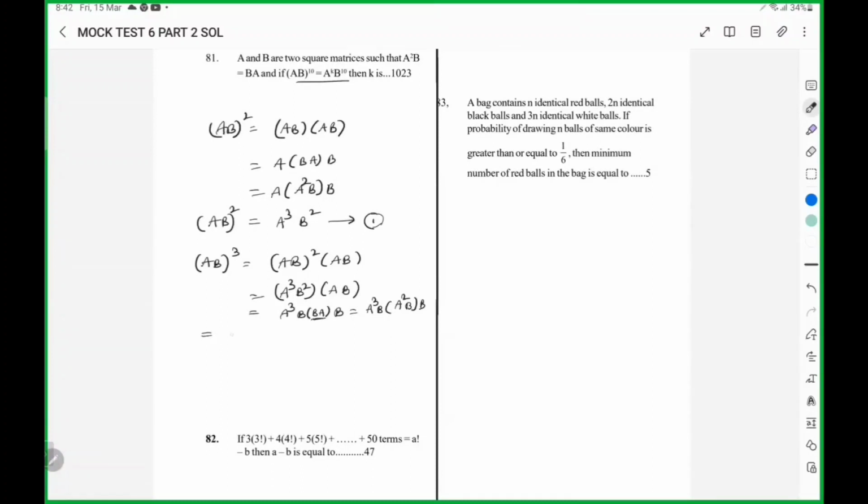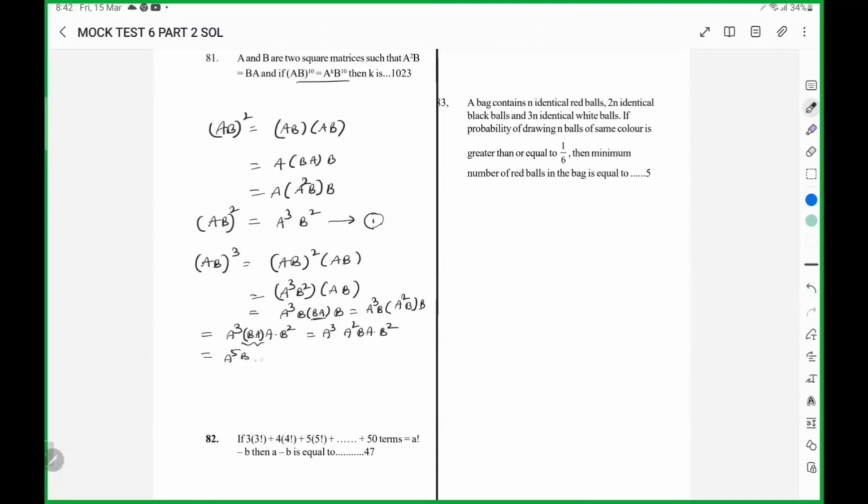So which can be written as A cube BA of A, which is A cube, BA here is A square B, A into B square, which is A power 5.